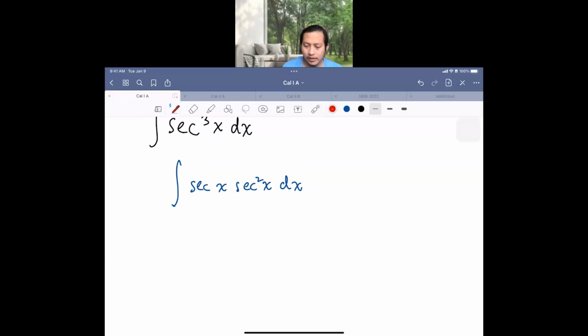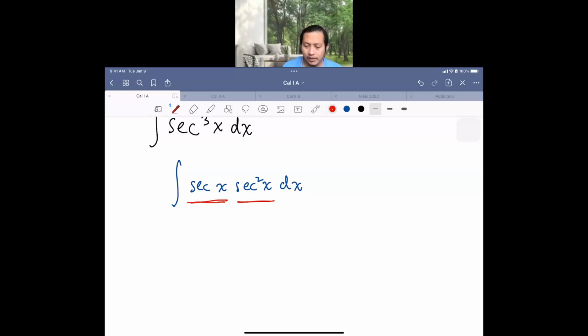Okay, now from here, what I want you to look at is we could have integration by parts by selecting, of course, at least two elements, right? The secant x and secant squared x. So, for example, I think the secant squared is easier to integrate and becomes the tangent, and secant can be derived and becomes secant x tangent x, right?